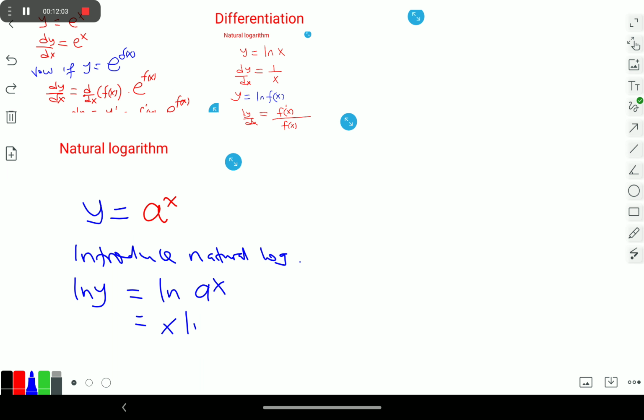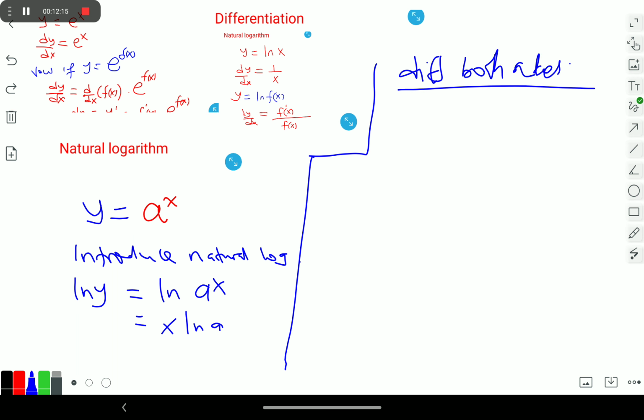Here it will be x ln a, and then differentiate both sides. So it will become 1 over y dy/dx is equal to, of course, this one is a constant, so we just have that constant, which will be ln a. But since y was with respect to x, we shall have there what we call dy/dx.